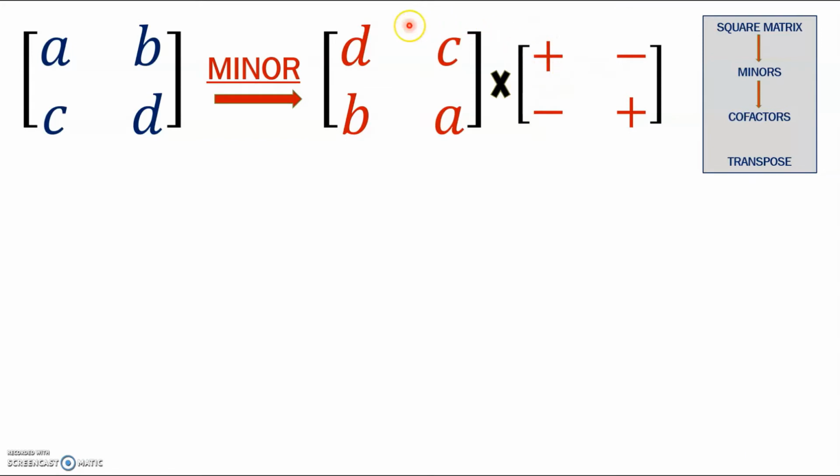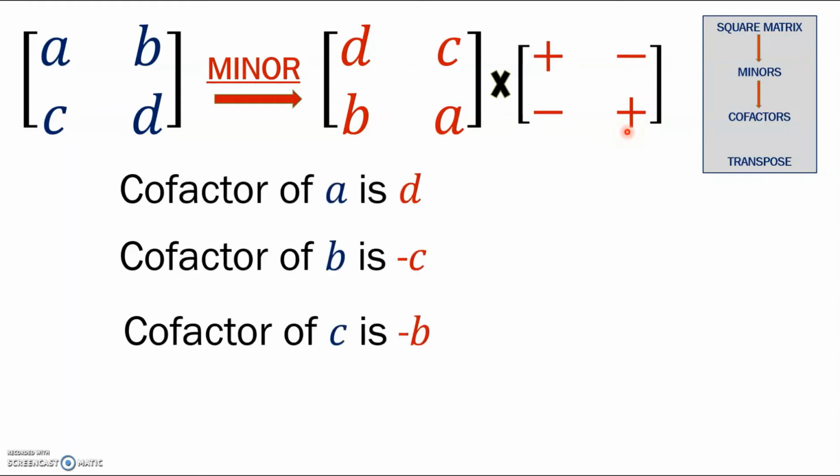When I multiply each element with this table, D will be multiplied with plus, so it will be plus D. C will be multiplied with minus, so it will be minus C. B will be multiplied with minus and it will become minus B, and A will be multiplied with plus and it will become plus A. So we get the cofactors here.